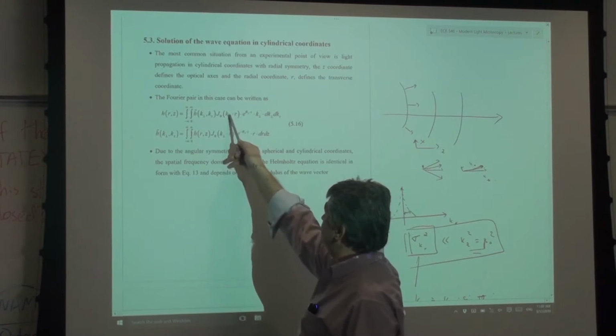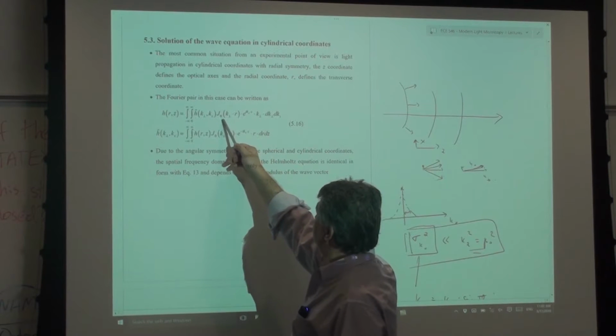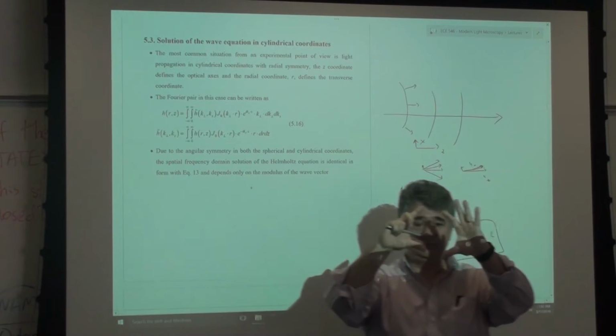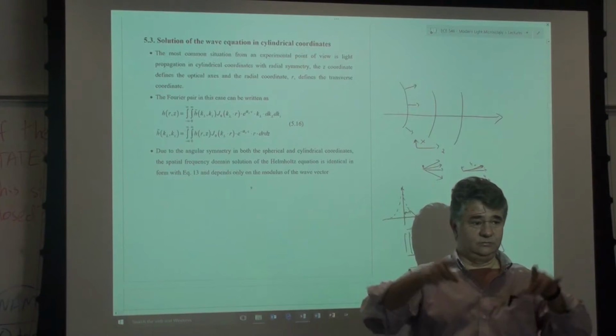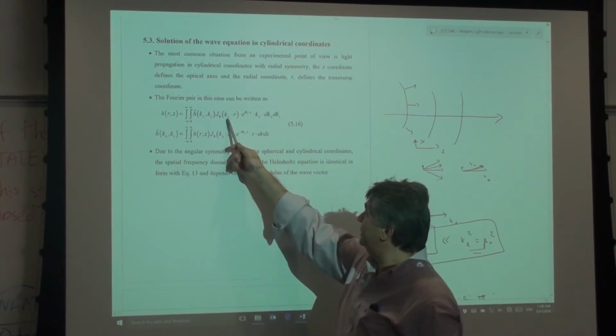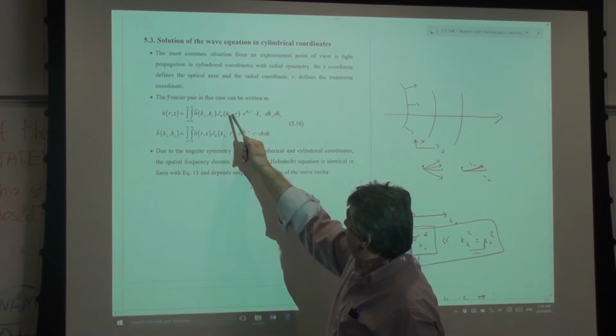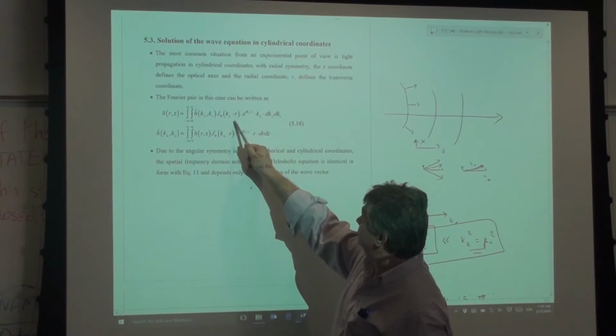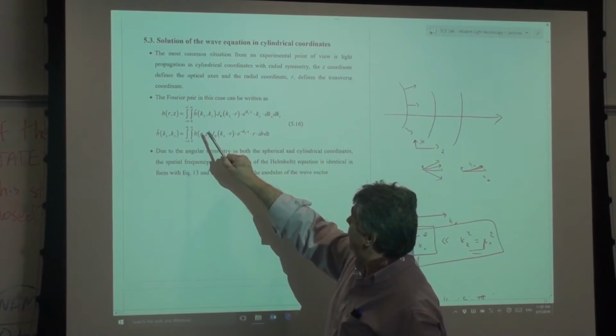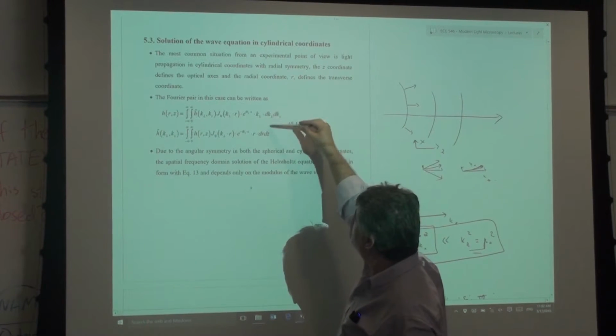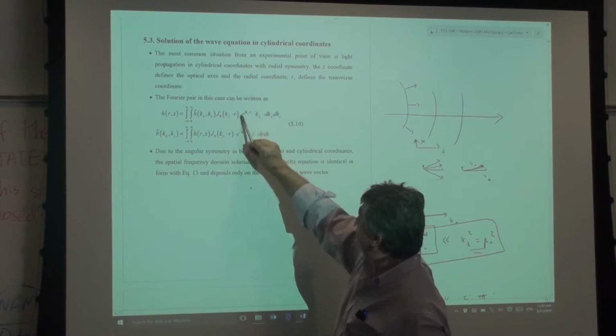So in cylindrical coordinates, you have essentially a kernel that takes care of these coordinates in the k perpendicular magnitude and theta. Okay, and then the inverse Fourier transform looks like this.